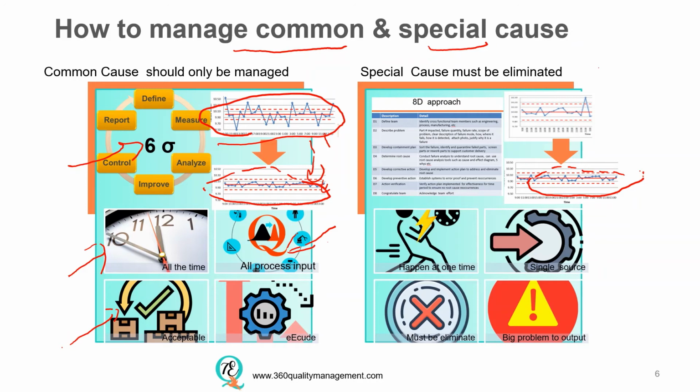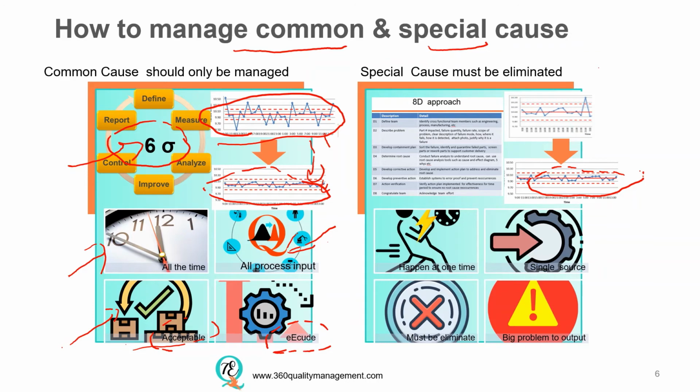That means it's still within acceptable range, and the only way to manage it is to actually reduce the variations through a Six Sigma approach. You can refer to my another video on Six Sigma quality given at the link below or at the end of this video.